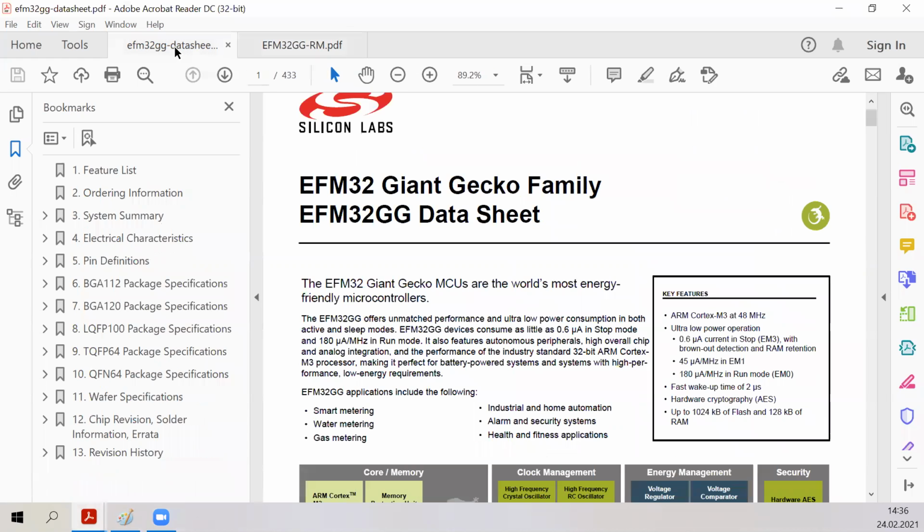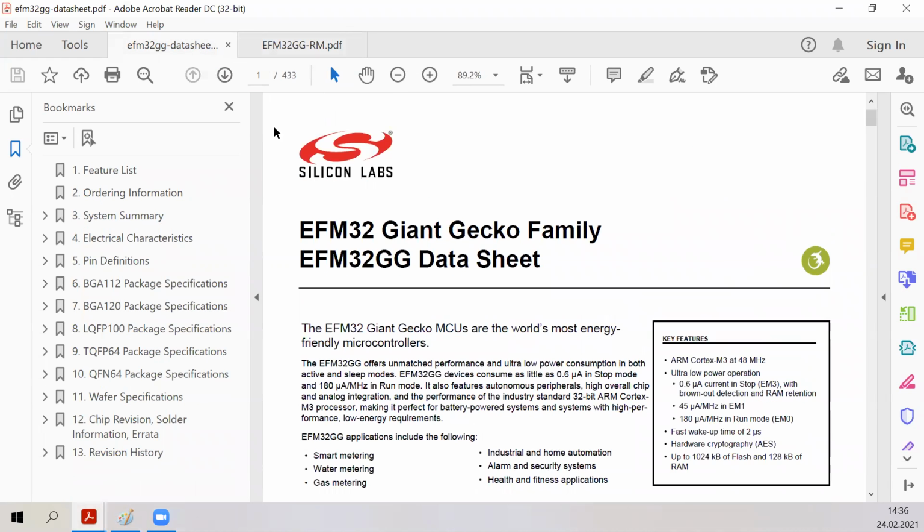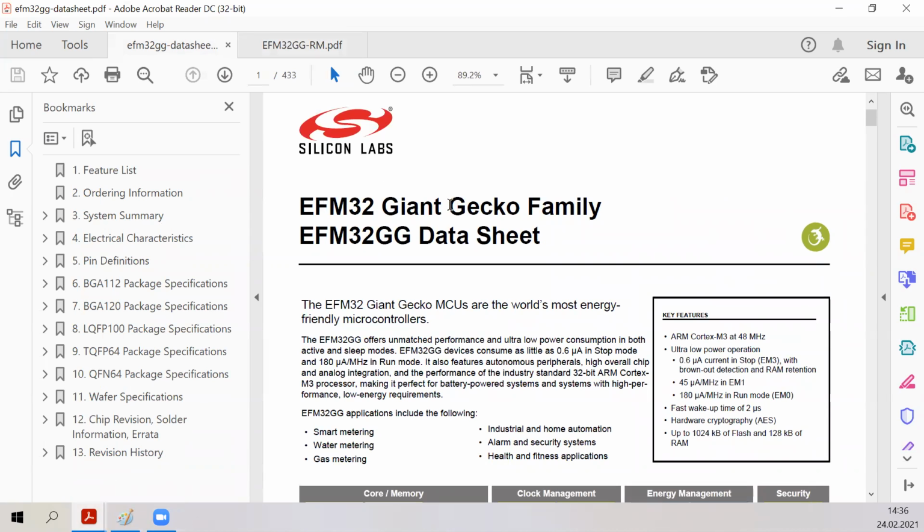So we are using a microcontroller from Silicon Labs, EFM32, Giant Gecko series. But all microcontrollers are basically built the same way. And if you took, for example, STM32 microcontroller, it would have almost identical principle of working.